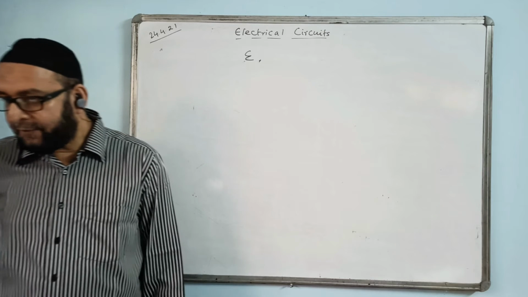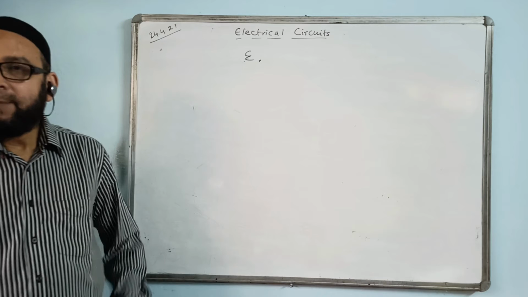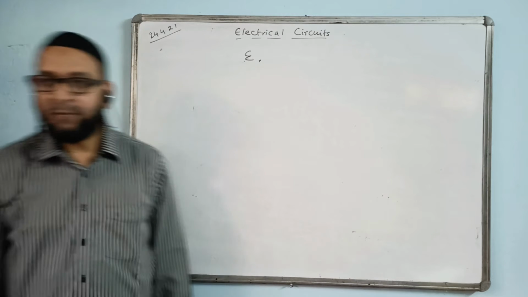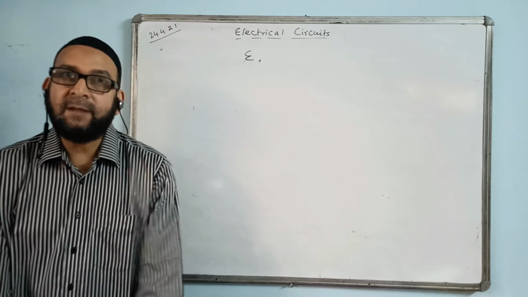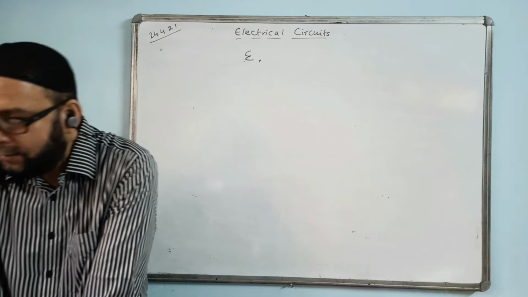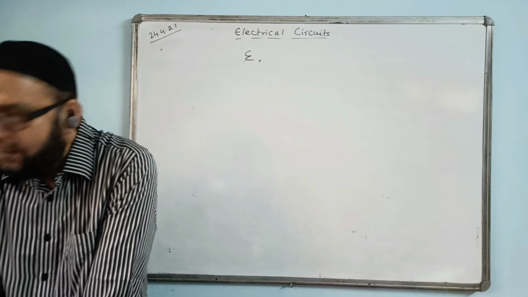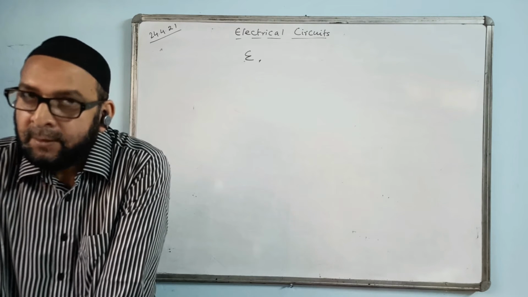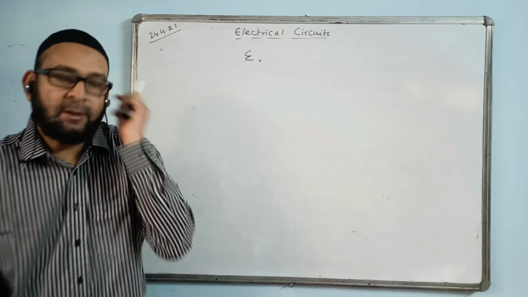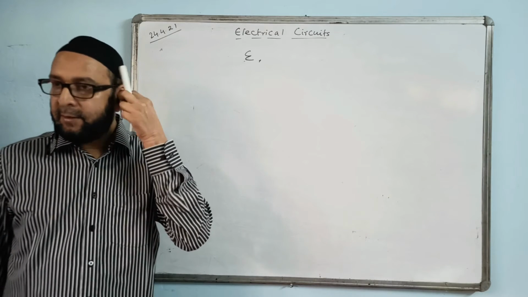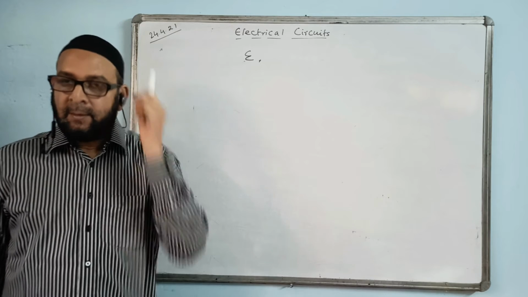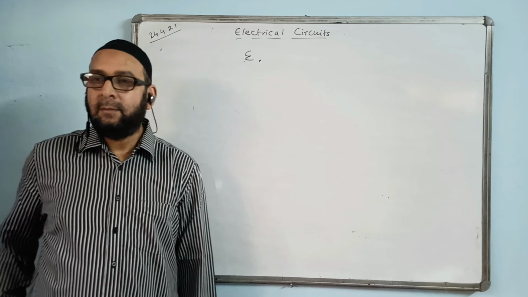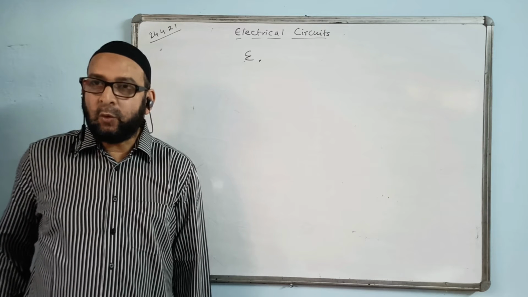What should be the value of R, capital R, so that the voltmeter V1 reads zero?